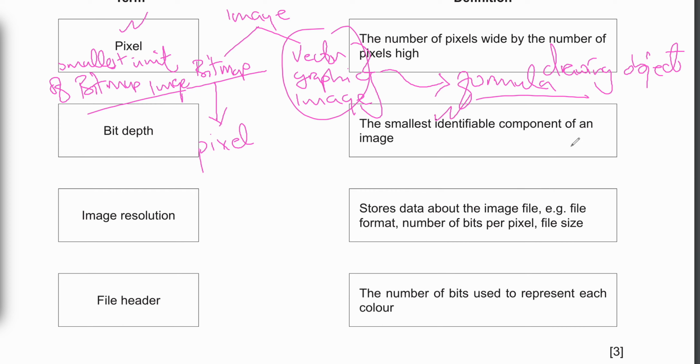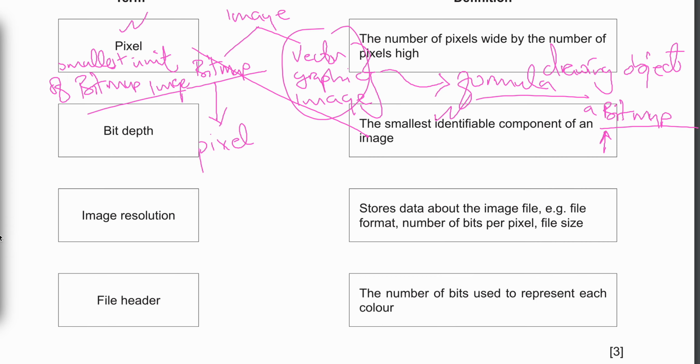But whenever you are asked to define a pixel, don't leave out the part that it has to be a bitmap image. You can write the definition of a pixel as the smallest identifiable component of a bitmap image. Make sure that you master that part. So this was supposed to be pointing here.